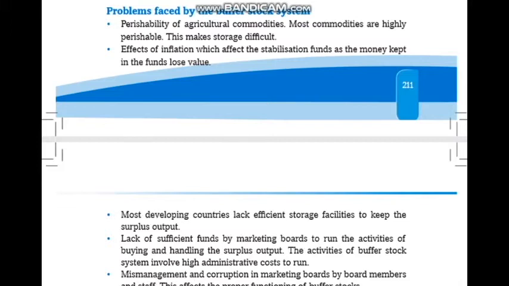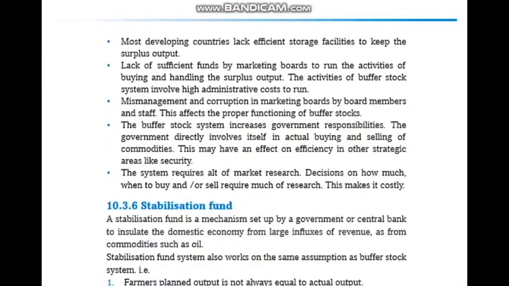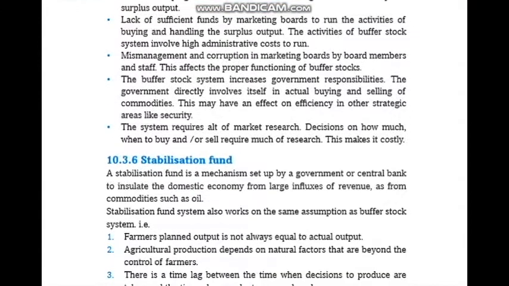Effects of inflation, which affect the stabilization funds as the money kept in the funds loses value. Most developing countries lack efficient storage facilities to keep the surplus output. Lack of sufficient funds by the marketing board to run activities of buying and handling the surplus output.